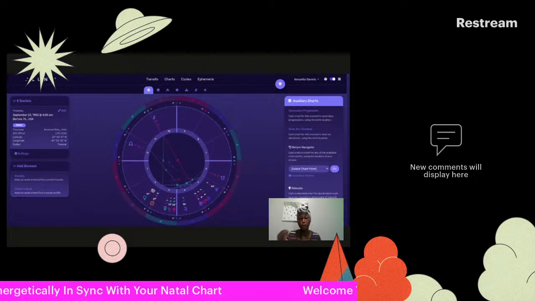So Venus does not operate well in the sign of Virgo. However, it is in the second house, so that does help out because it loves being in the second house. The second house is the money and your values house, and that is some of the things that Venus represents. So it does help give it a boost, right?